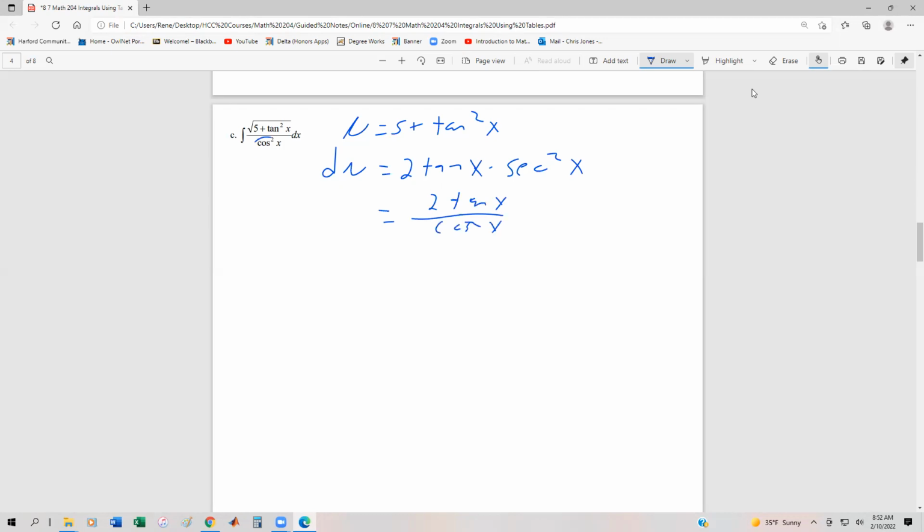That gives us the cos square, it gives us the dx, but there's this 2 tan that's floating around, and that's no good. So I can't just do a straight u substitution with this one, at least to get to the direct answer. Instead, I'm going to let u be equal to the tangent of x only.